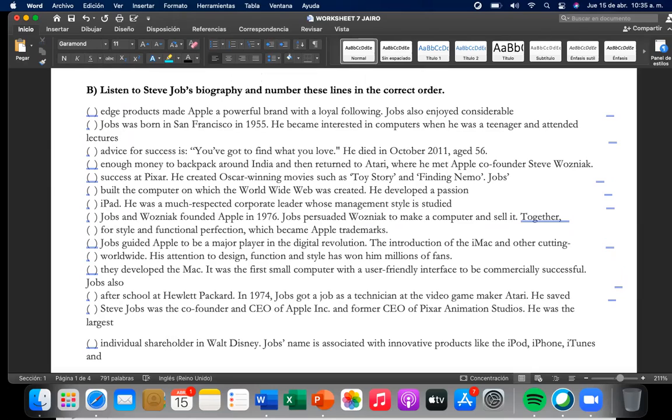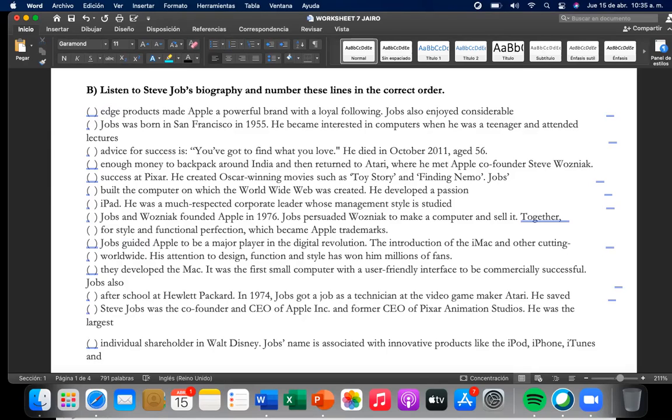He developed a passion for style and functional perfection, which became Apple trademarks. Jobs guided Apple to be a major player in the digital revolution. The introduction of the iMac and other cutting edge products made Apple a powerful brand with a loyal following.